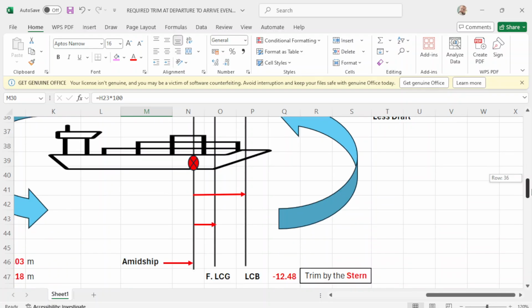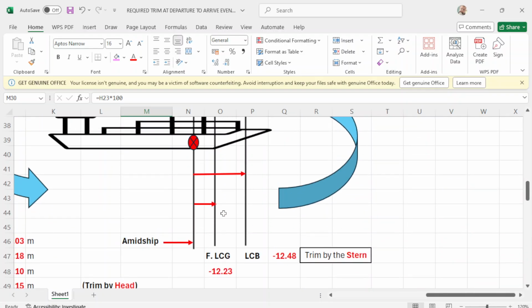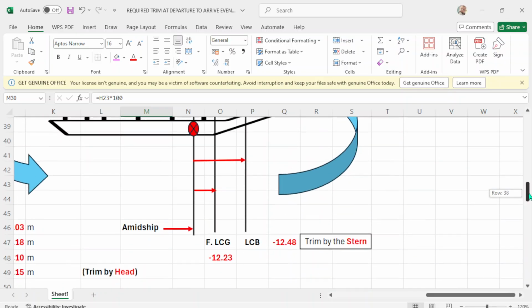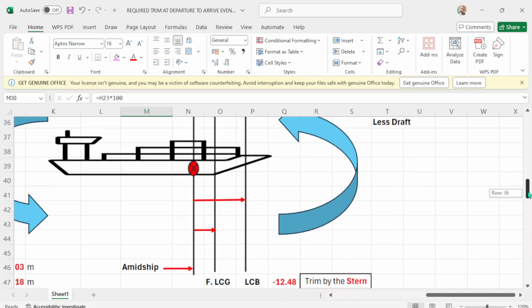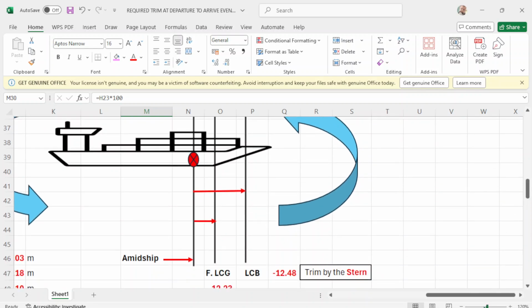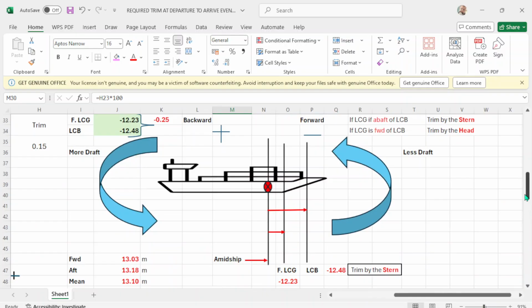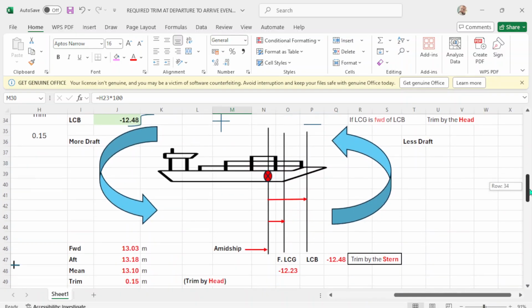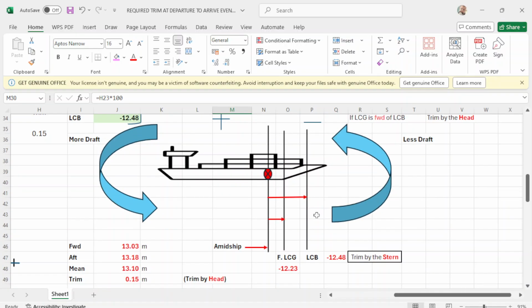That's the rule. Since your LCG is at the back of LCB, then you are trimmed by the stern. Okay. Now, another explanation is the buoyancy here, the center of buoyancy.